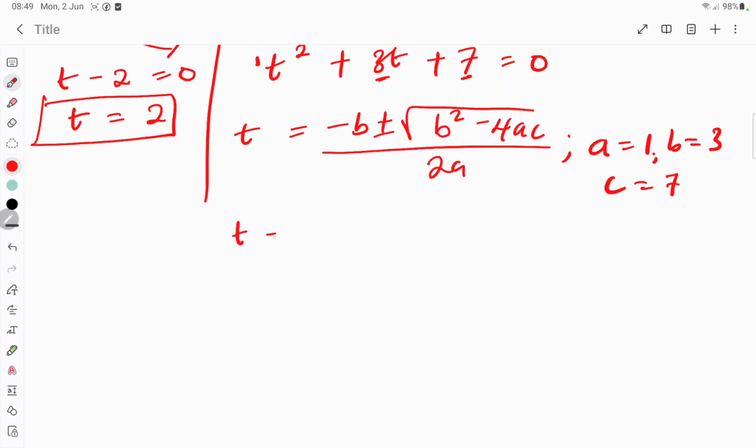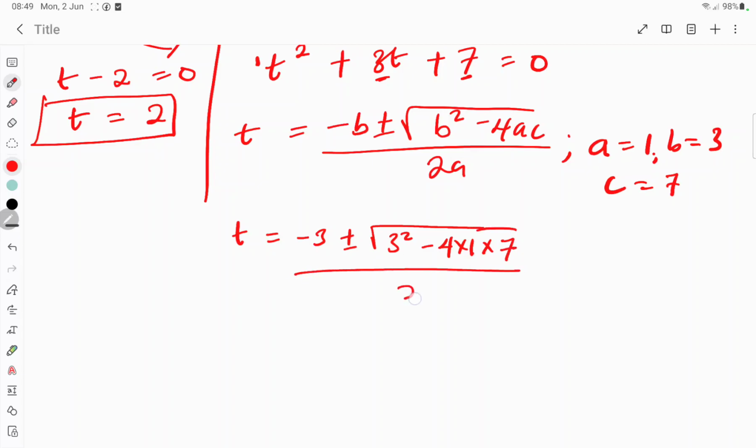Good. On having this, we put it in the equation. So we have it that t is equals to minus 3 plus or minus the square root of 3 squared minus 4 times 1 times 7, divided by 2 times 1. So from here, t is equals to minus 3 plus or minus square root of what? 3 squared minus 4 times 1 is 4. 4 times this is 28, divided by 2.